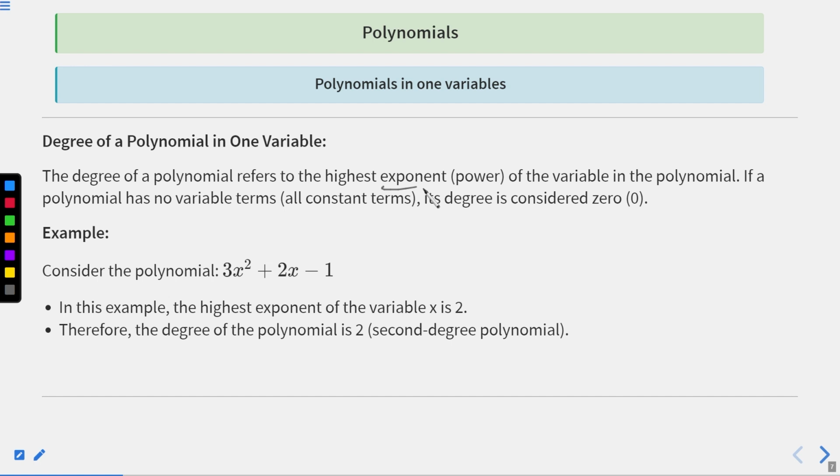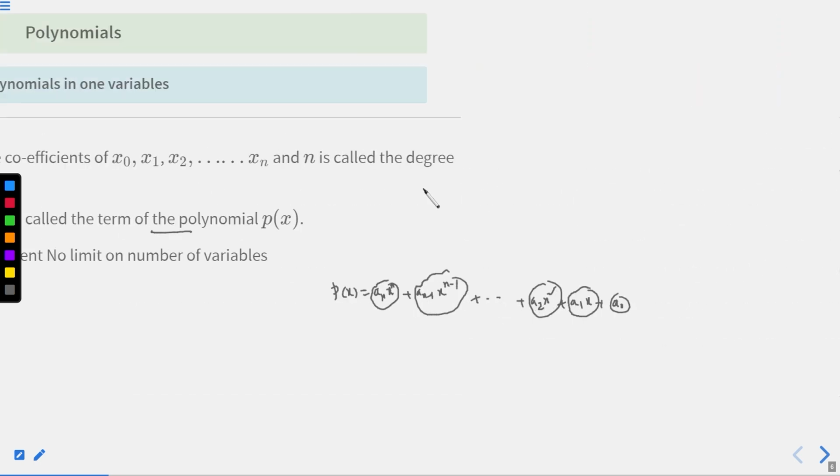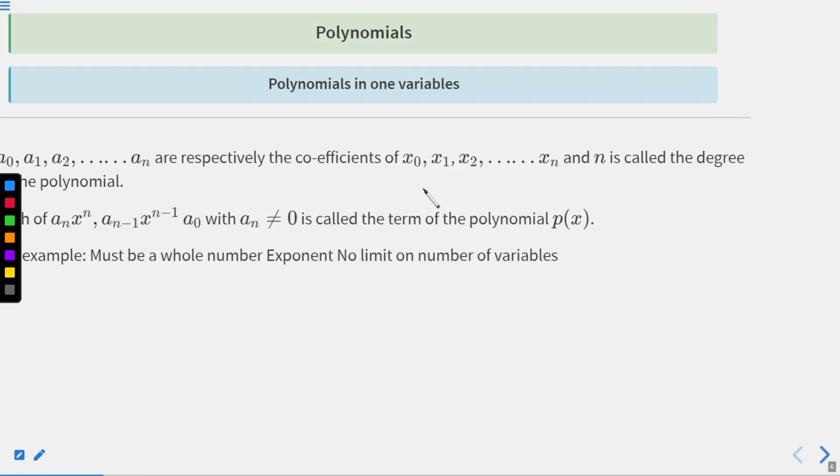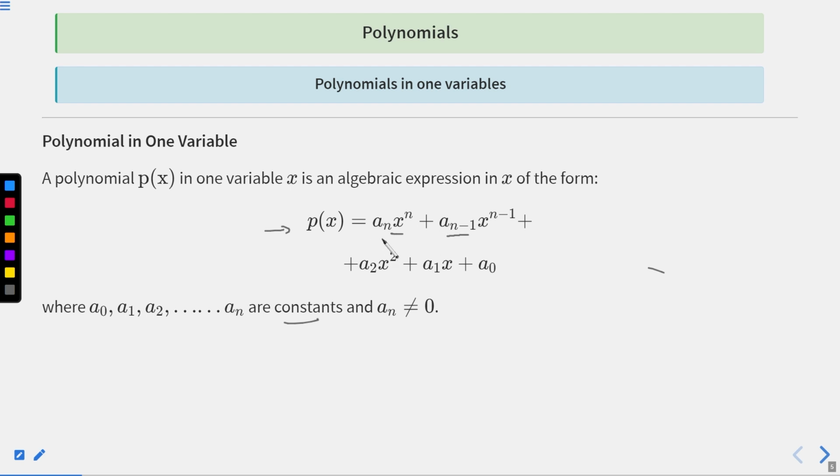When n does not equal 0, the highest power of this expression is basically n. So the degree of p of x equal to an x to the power n plus a(n-1) x to the power n minus 1 plus and so on plus a2 x square plus a1 x plus a naught is n, but an should not be equal to 0.